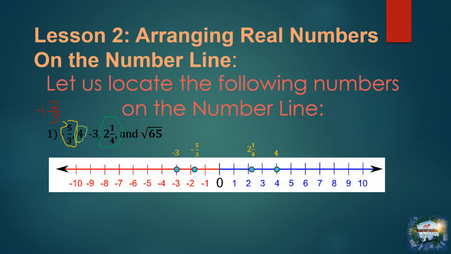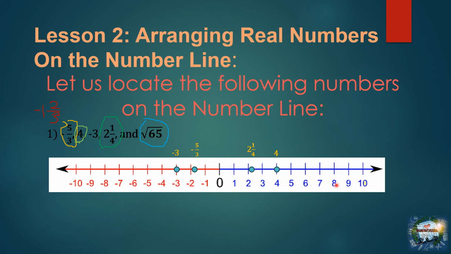Ito ngayon, ang medyo, okay, di ba? Square root of 65. Square root of 65 is in between square root of 64 and square root of 81. 64 is 8, so 81, no? So, andito siya sa pagitan nitong dalawa. Nasa pagitan siya ng 8 tsaka 9.